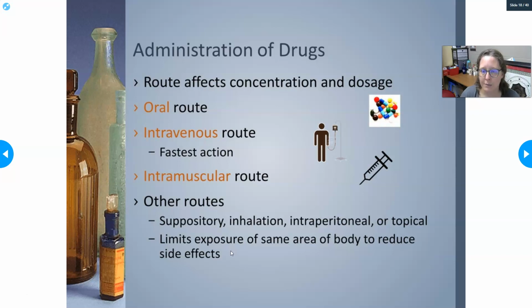Also, sometimes switching between the different routes can limit that exposure of the same area of the body to reduce side effects. Now, there are some drugs that are not available in oral formula, or they have limited formulas or routes of administration available.